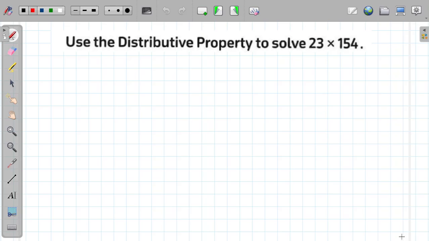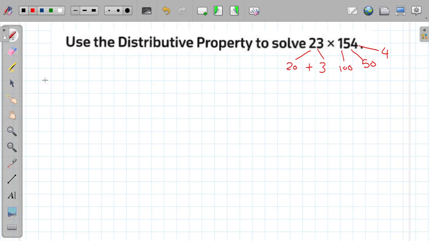Okay, let's try to use the distributive property to solve this operation. I have 23 times 154. So 23 is 20 plus 3. And the second one, I have 100, I have 50, I have 4. So I have here 2 digits and I have here 3 digits.